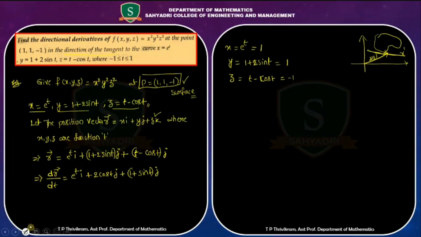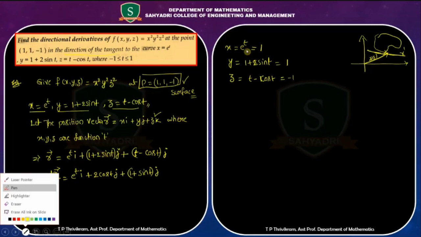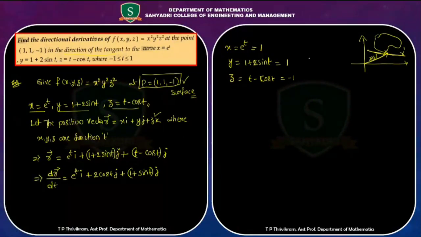And he has given the limits for t also. You need to find the t such that it satisfies these points. Can you find such a t where it satisfies all these values? These are the limits, so t should lie between minus 1 and 1. Select a number between these, say 0.